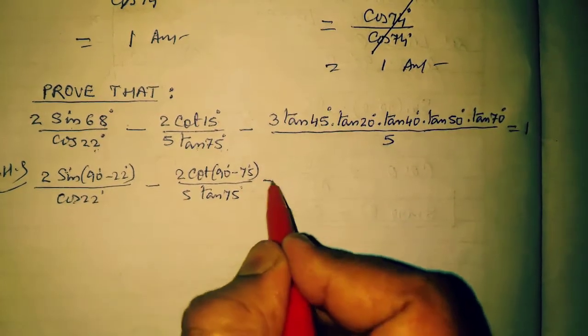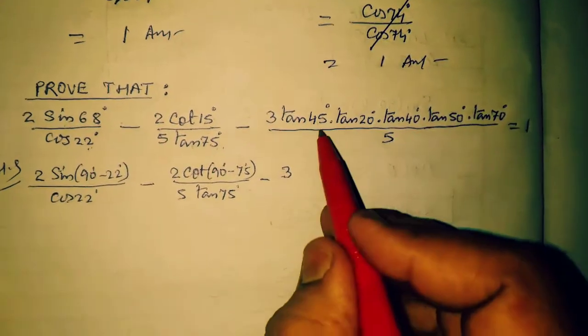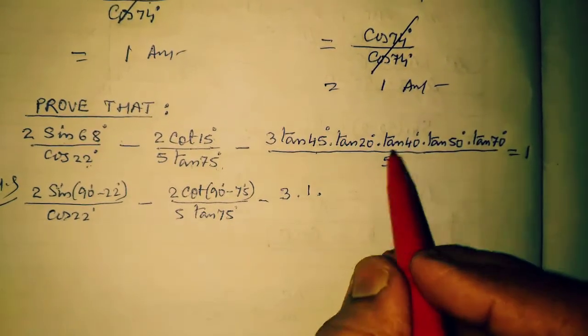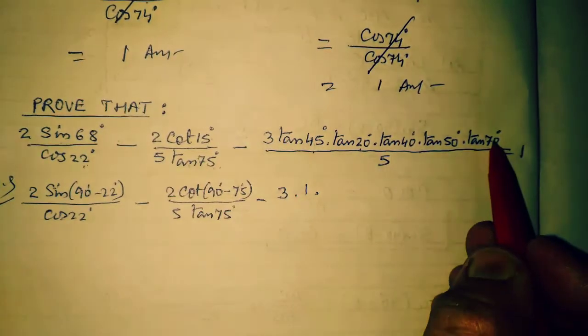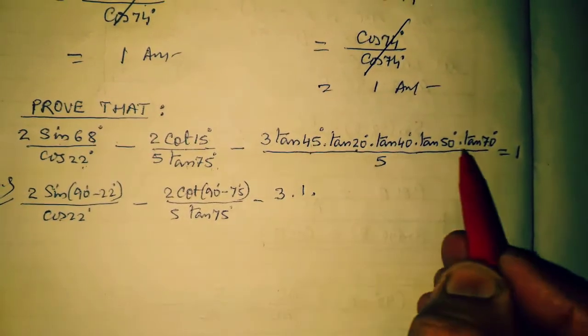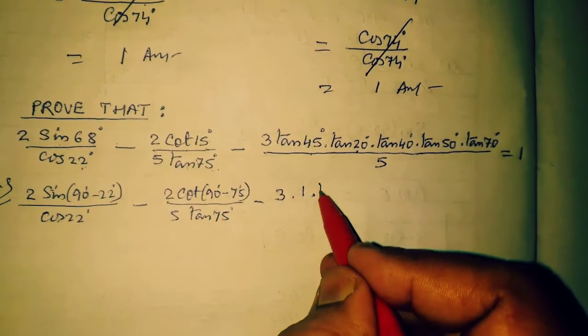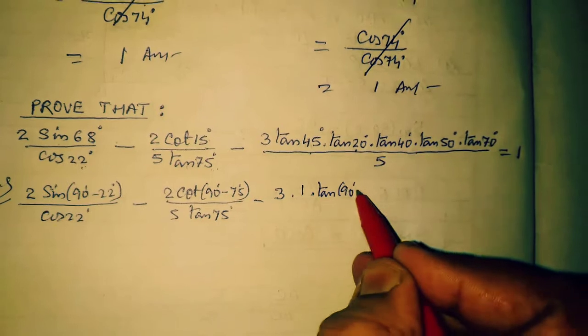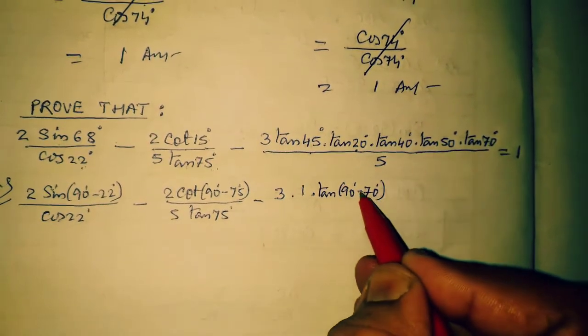Clear, student? Minus 3. Now here tan 45 value we know, so you write tan 45 is 1. Now we'll see here tan 20 and tan 70. We'll write them together, because 20 degree plus 70 degree is how much? 90 degree. So any one of them will convert. I'll convert tan 20 into 90 minus 70. Clear?